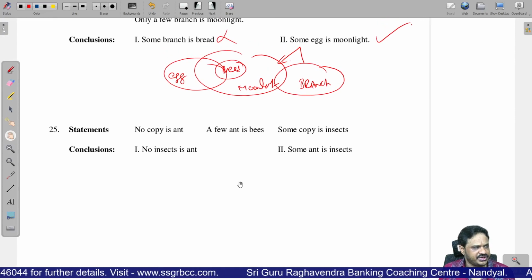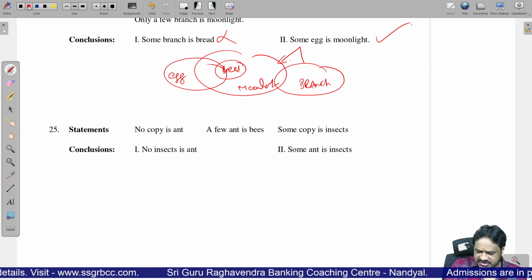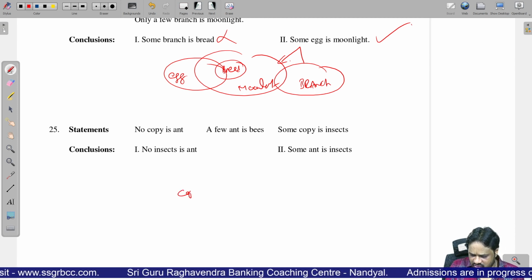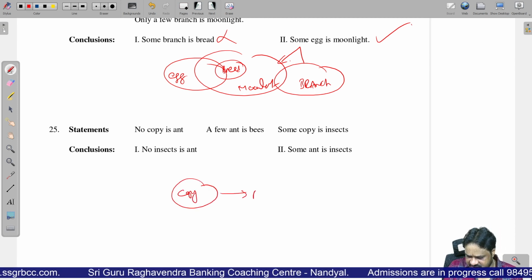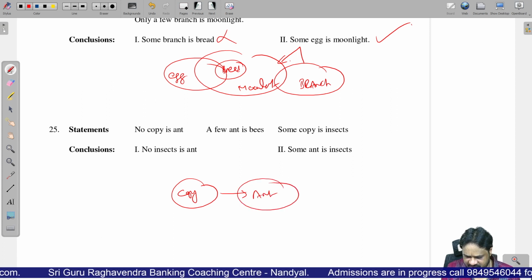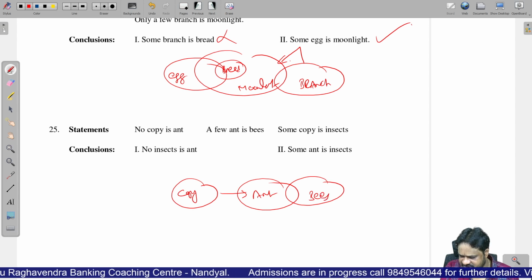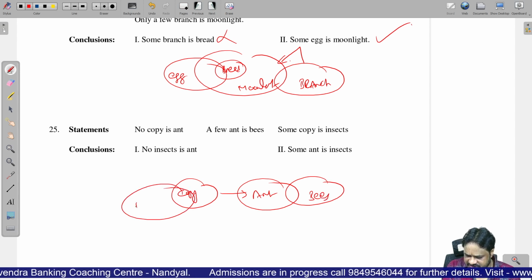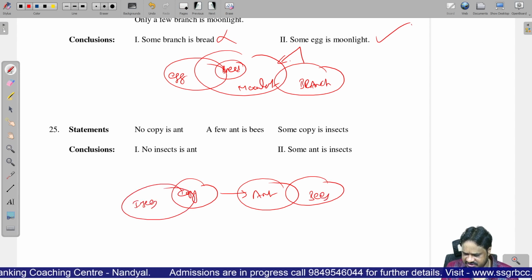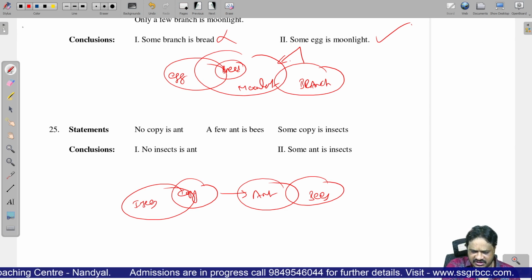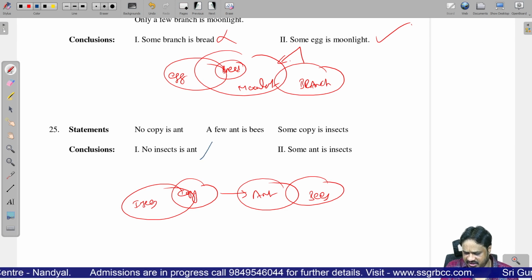No copy is ant. A few ant is bees. Some copy is insect. First one, no copy is ant. A few ant is bees means some ant is bees. Some copy is insects. No insect is ant does not follow, but some insect is not ant will follow.